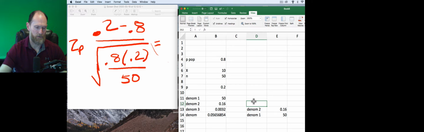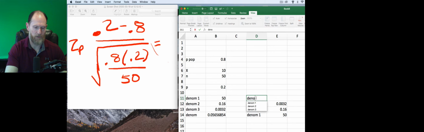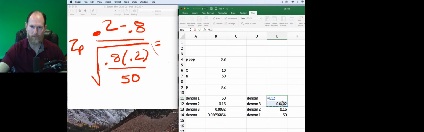That denominator 3 is the same way as I did it before. That's going to be this divided by that. And then the denominator itself will be the square root of that number below it.